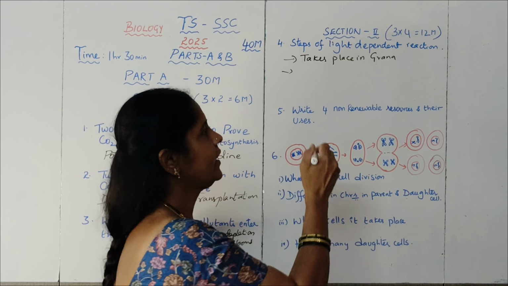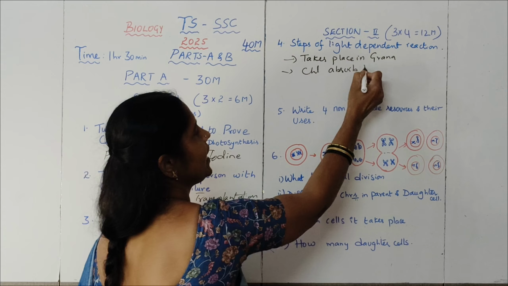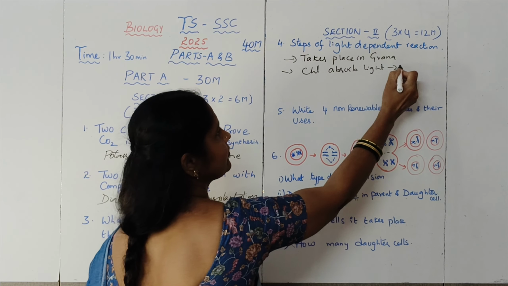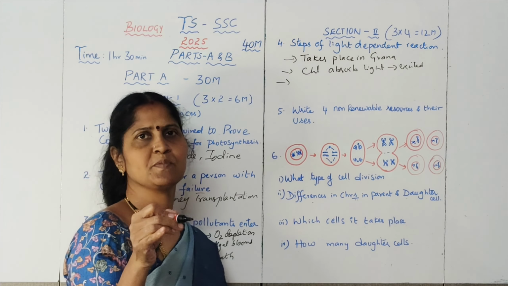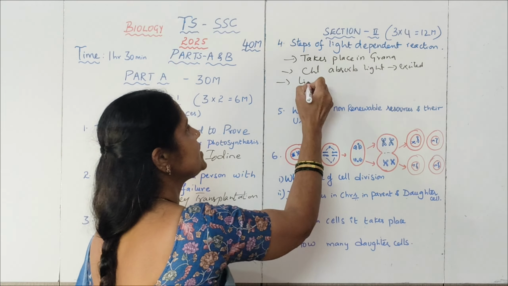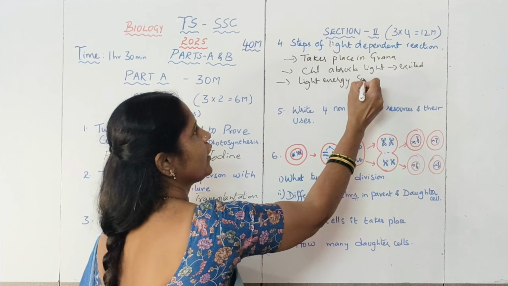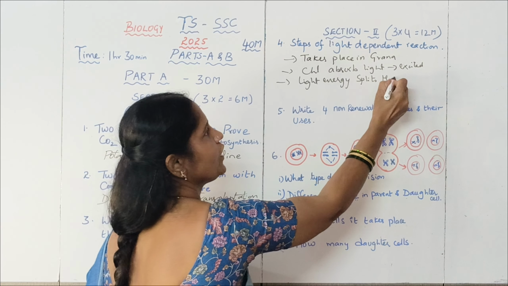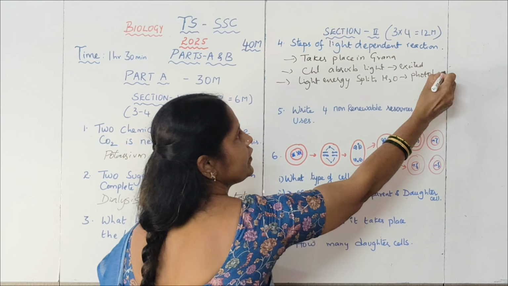Then next, the chlorophyll molecule will absorb light and get excited. Third, with the help of the light energy that has been absorbed, light energy splits water molecules into H plus and OH minus ions, which is called photolysis, if you remember.